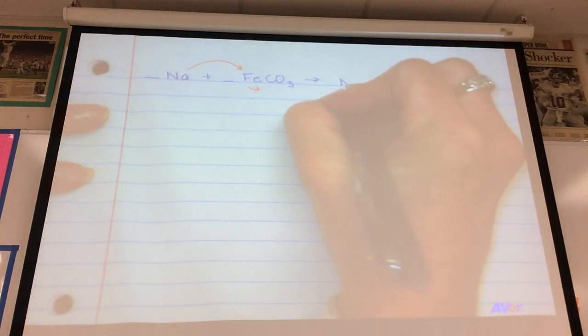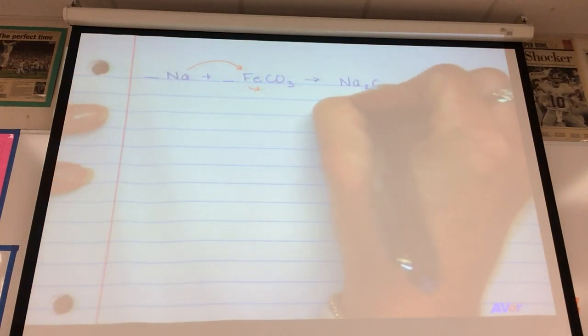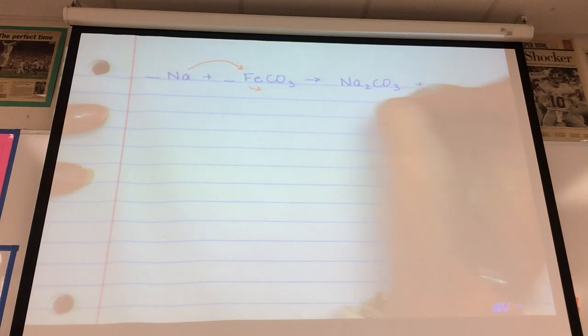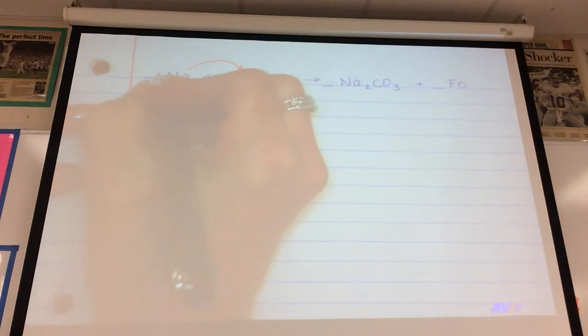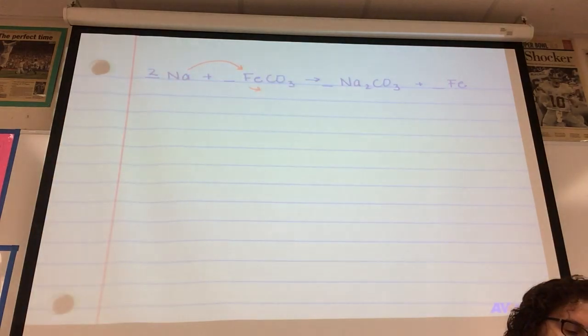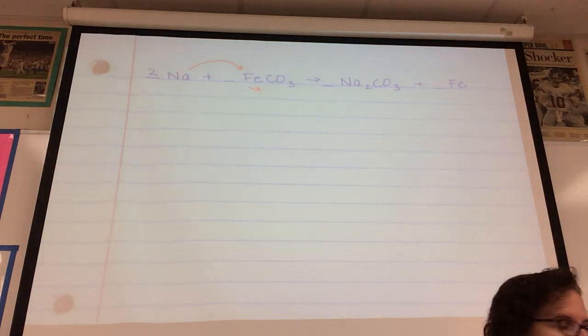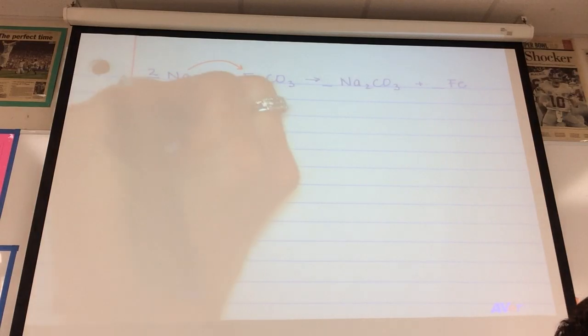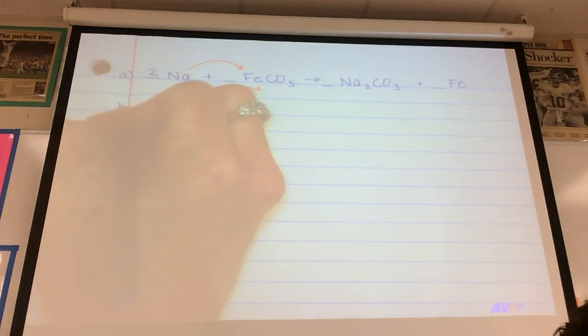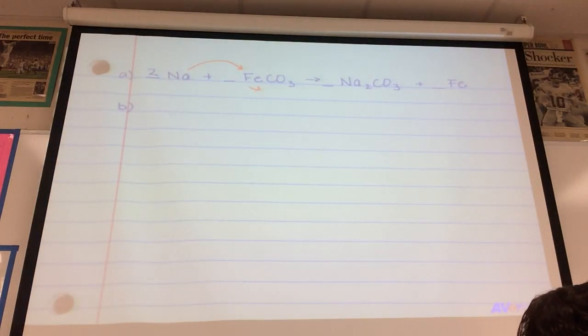We've got sodium carbonate and iron. So we've written the balanced equation. B says, what mass of sodium should react with 2 moles of iron(II) carbonate?